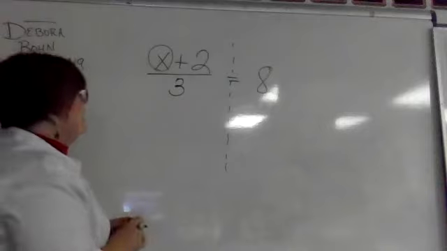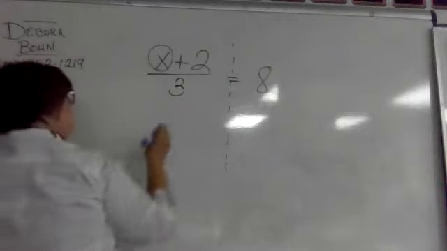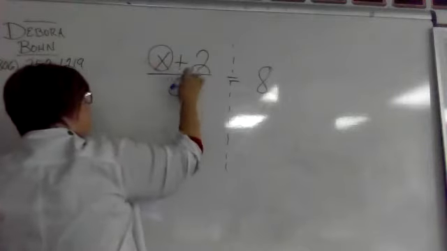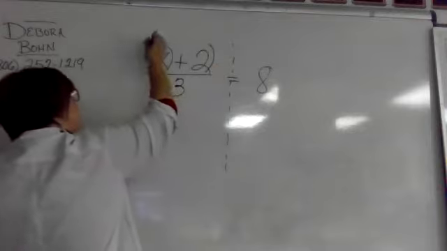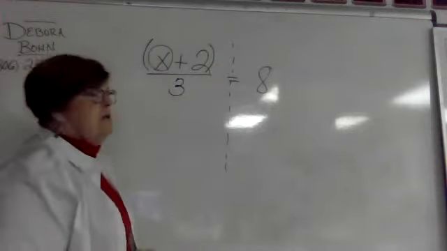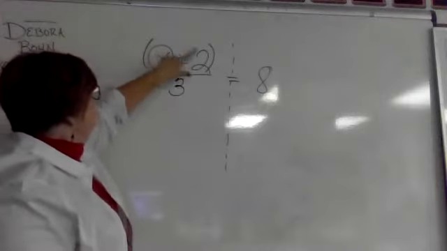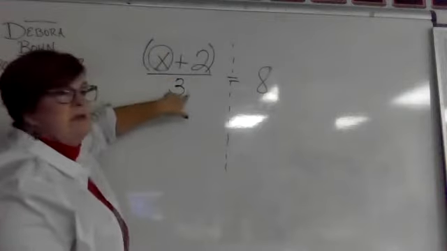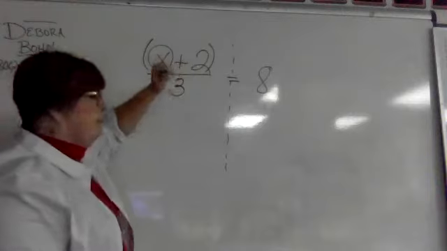So, what I've been doing, and sometimes you'll see it written this way, is since all of this needs to be divided by 3, we're going to group it into what I call a set. You'll hear me talk about a set. And it's because it's connected with a plus or minus, and all of it needs to have this done to it. So I'm going to group it together so I don't forget.